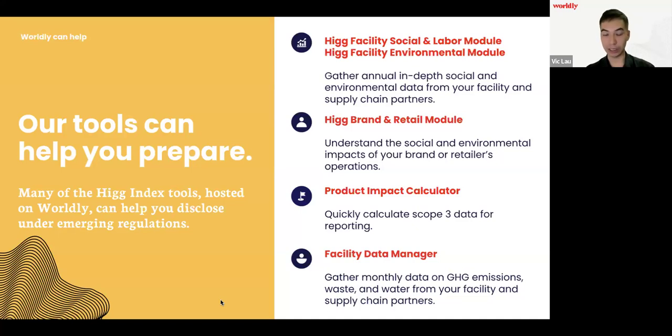And last but not least, the Facility Data Manager is another newer product that enables users to gather monthly GHG emissions, waste, and water consumption from supply chain partners, so that you can see how you're tracking on key targets on a regular basis. To learn more about those, feel free to reach out to us.